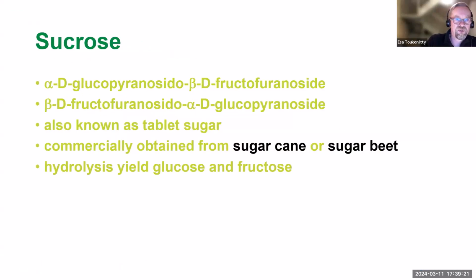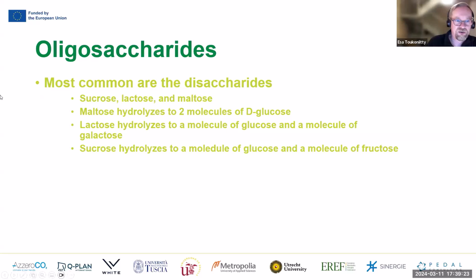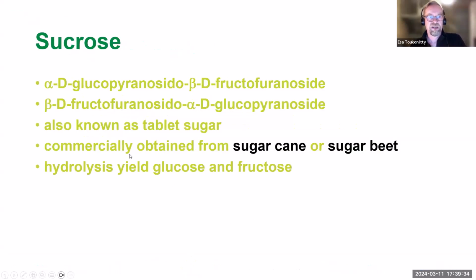Sucrose is one of the most common ones. It was already mentioned that, to simplify, it's made out of 1 glucose and 1 fructose molecule joined together. And this is the common table sugar that you put in your tea or coffee. If you hydrolyze it, it forms glucose and fructose molecules.